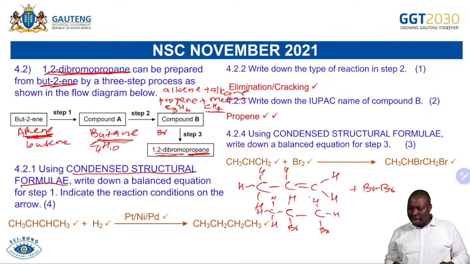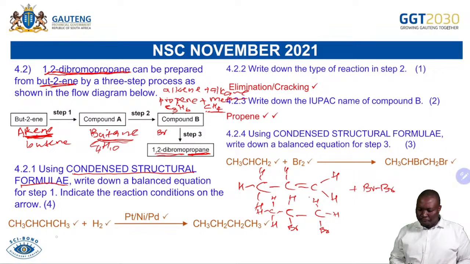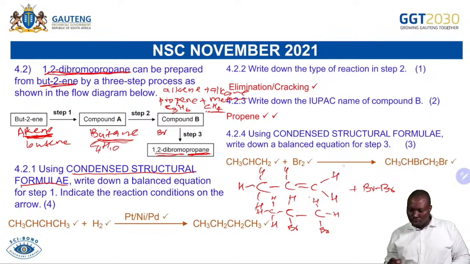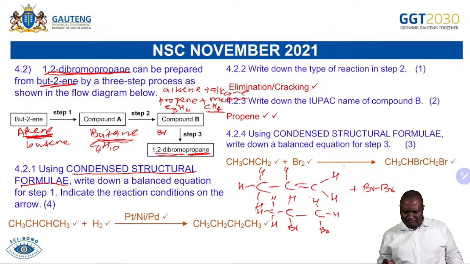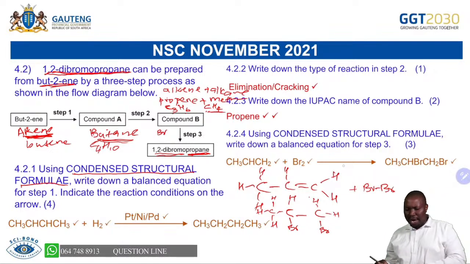So now you are able to write the structure. Propene is that structure. You are able to write it the way it is, and then you can answer all the questions.